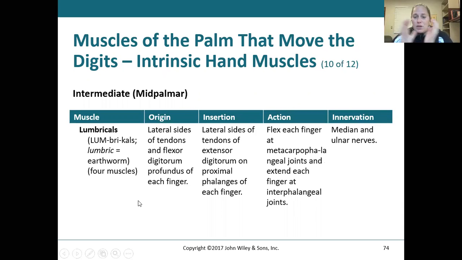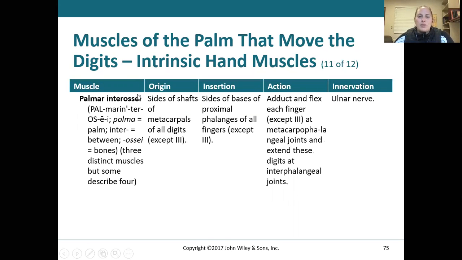Lumbricals flex each finger at the metacarpophalangeal joints and extend each finger at the interphalangeal joints. So those are the lumbricals that are located between them. Palmar interossei adduct and flex each finger except the third at the metacarpophalangeal joints, and extend these digits at the interphalangeal joints.